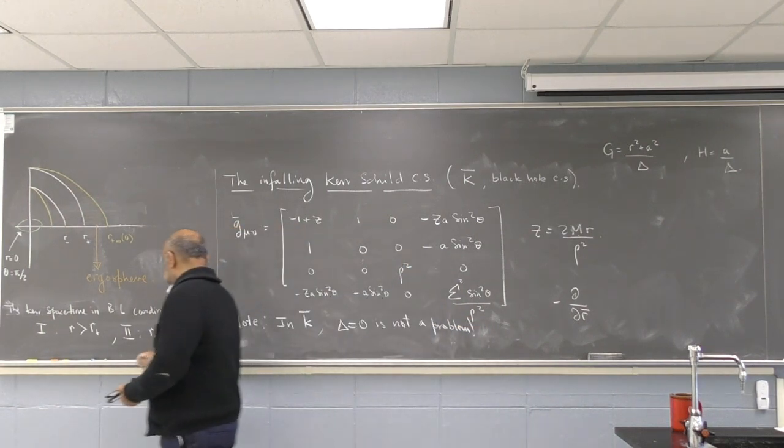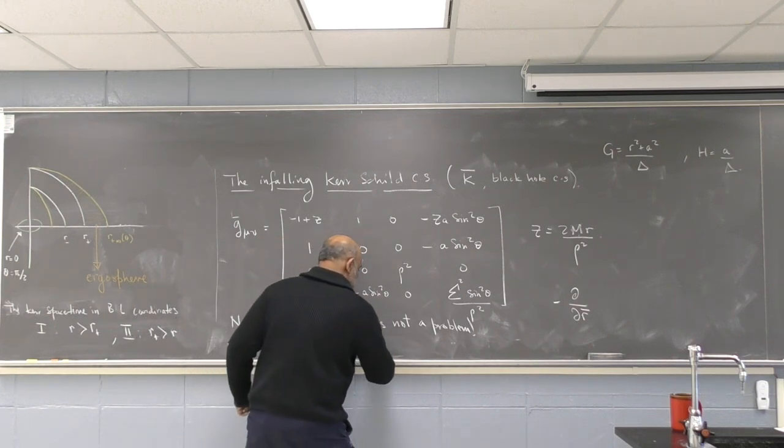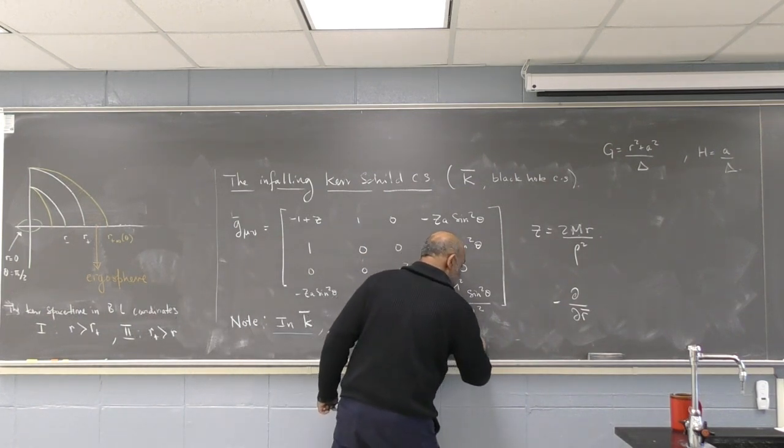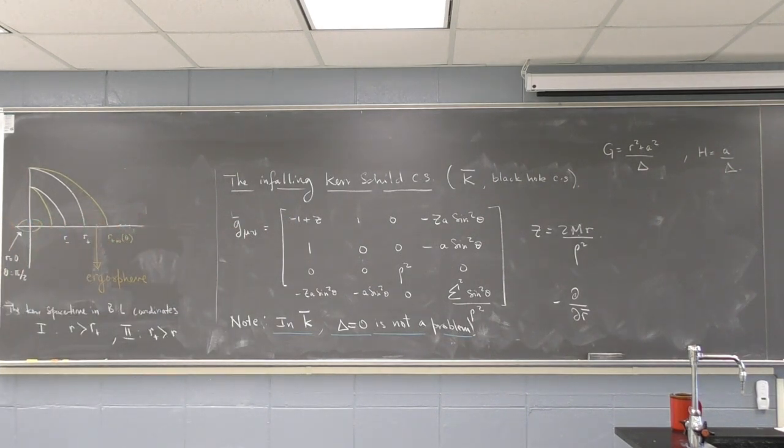And that is good news indeed. I don't see a denominator that has delta. We can use this coordinate system to penetrate the event horizon. We can talk about which way is future, which way you can go, and which way you may not turn around.